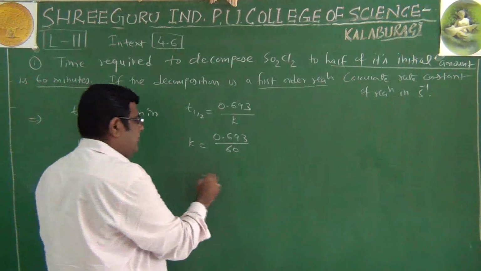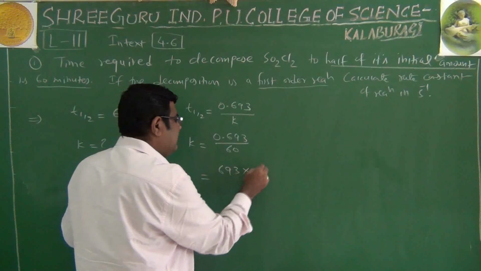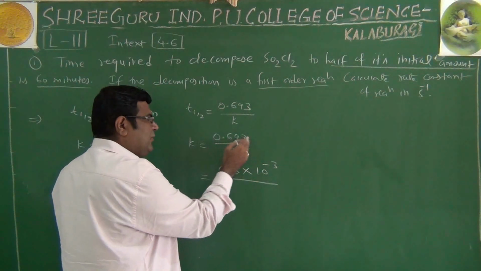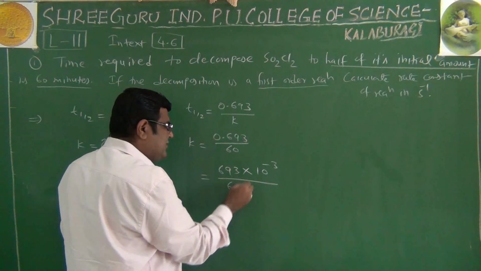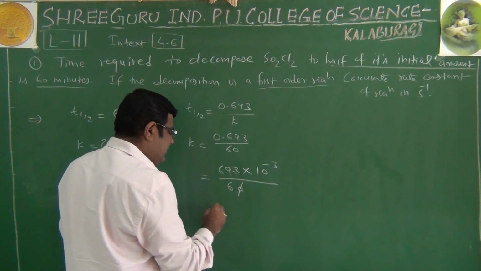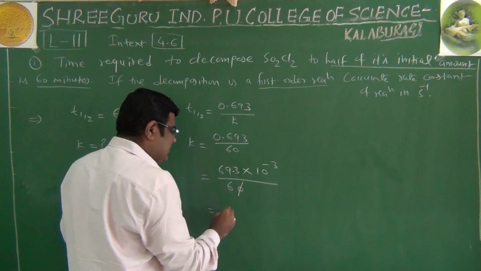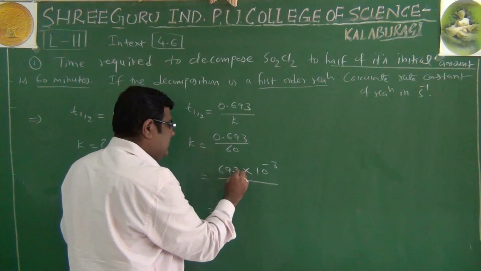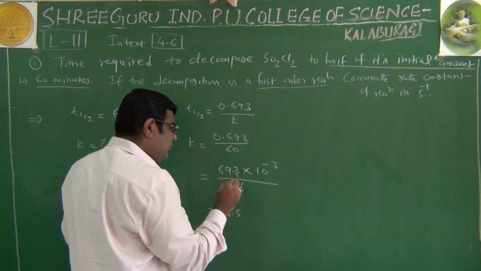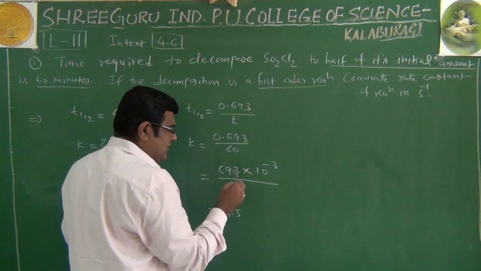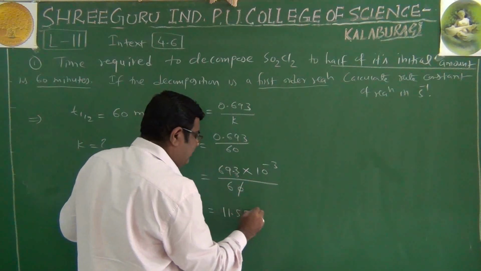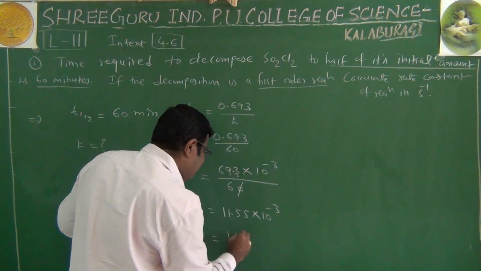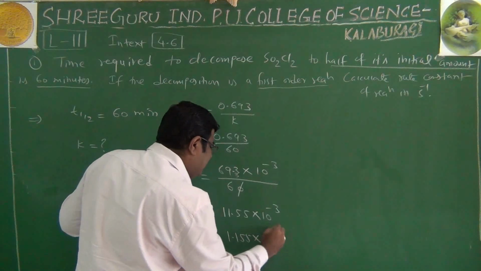We can write it like this: 693 multiplied by 10 raised to minus 3, I have shifted the decimal point here, divided by 60. On dividing, we get 1.155 multiplied by 10 raised to minus 2.